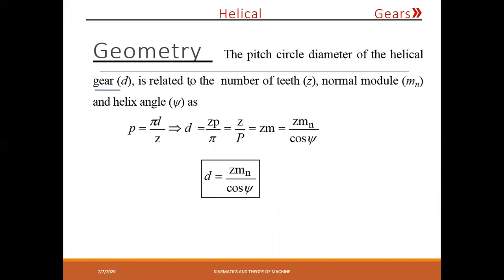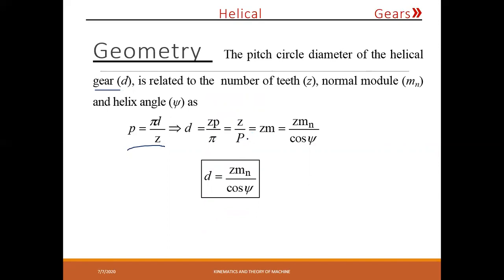Gear diameter D is related to the number of teeth Z, normal module and helix angle as P is equal to pi D upon Z. This is the circular pitch, right? Where D is equal to Z P upon pi, right? So Z upon capital P, pi upon P is the capital P, right? So it is equal to Z into m. 1 upon P is the small m. Why?